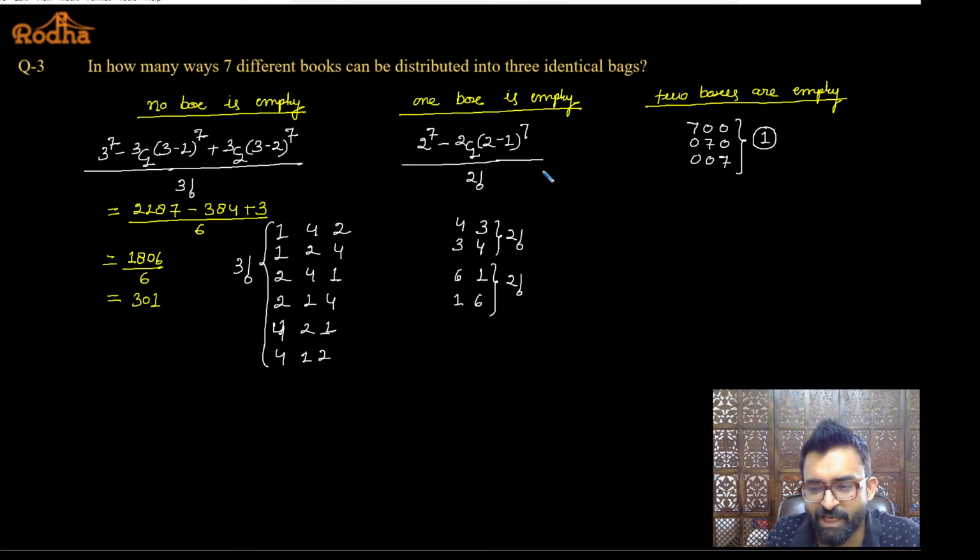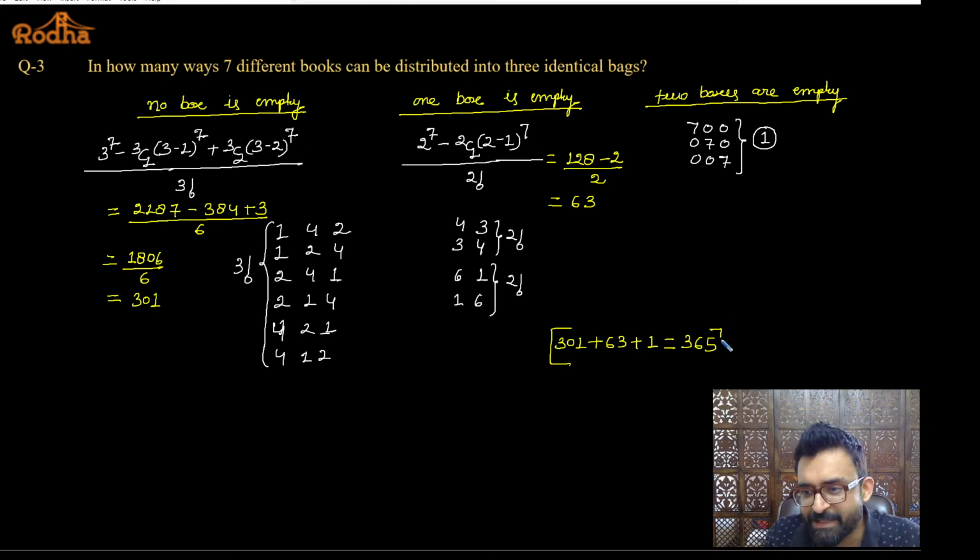Check the calculation once, I am doing it slightly quickly. This is 128, minus 2 divide by 2. So this will come out 63. And this is 1. So my answer is 301 plus 63 plus 1. That will make it 365.